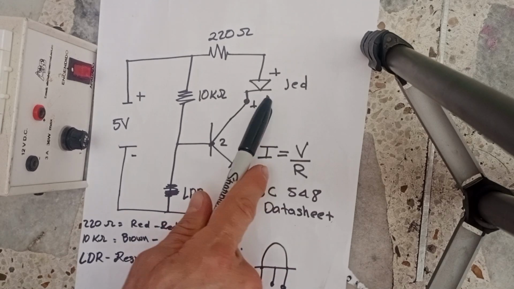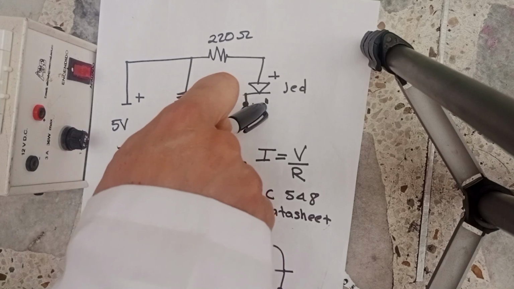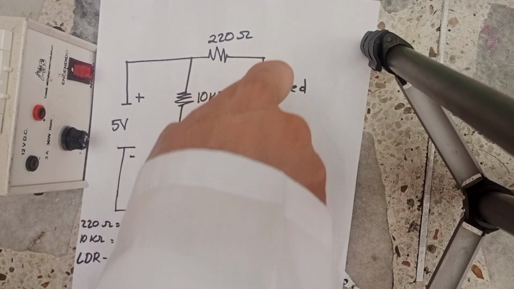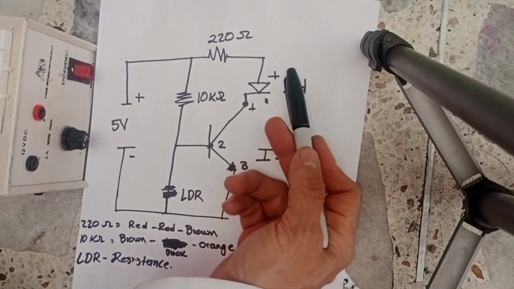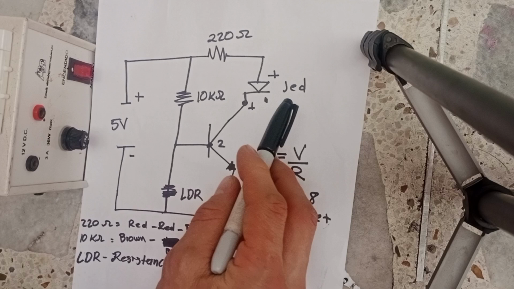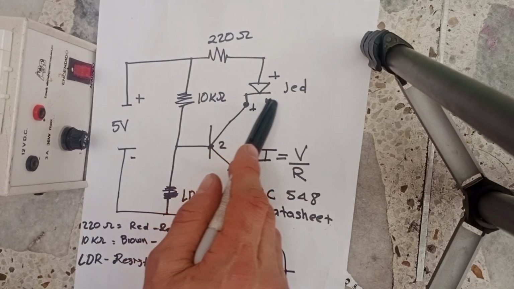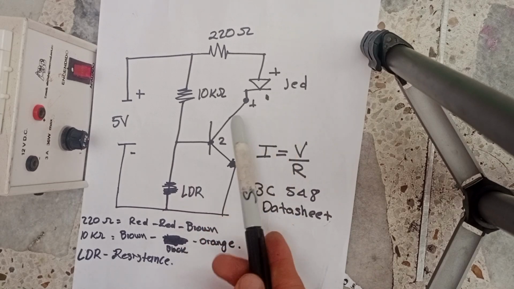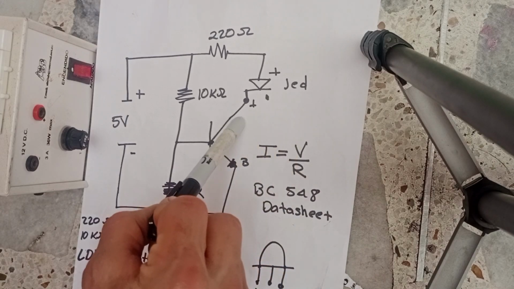This LED is like a resistor that has polarity, with a positive and a negative, and you've got to pay a lot of attention. The LED's negative pin is the shortest one. Here, you've got to recall that this is pin number 1.